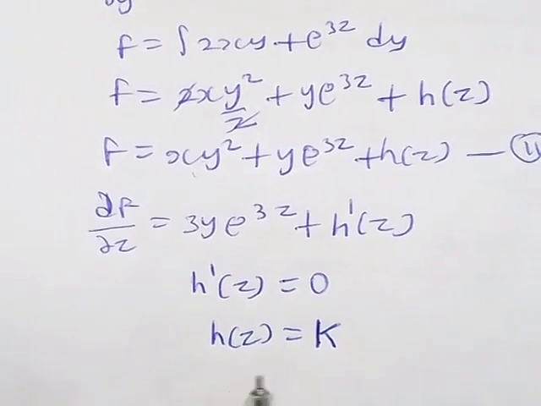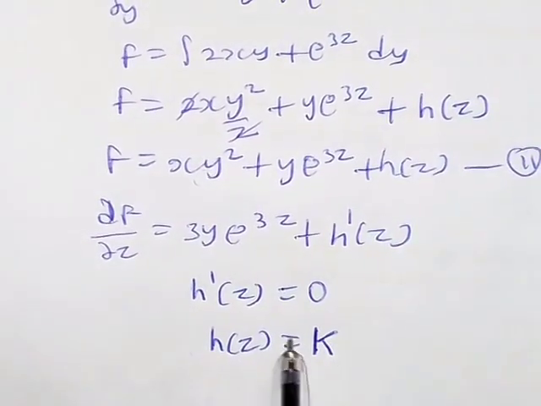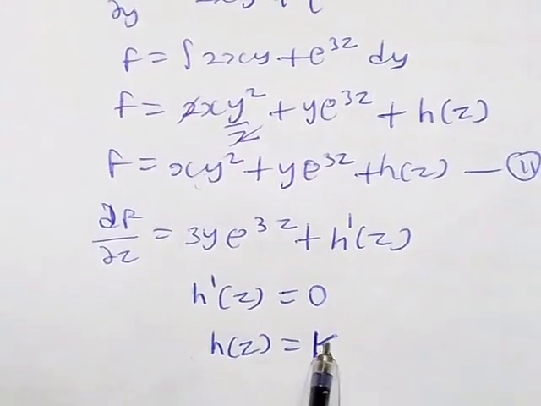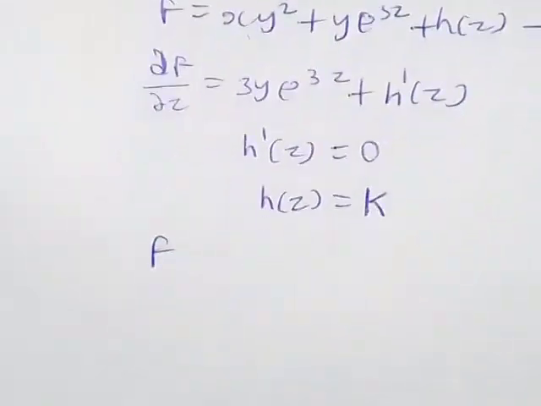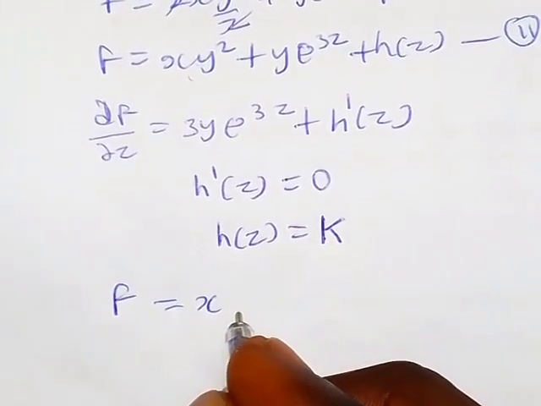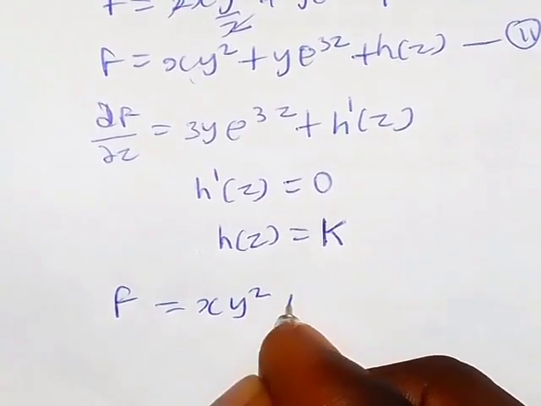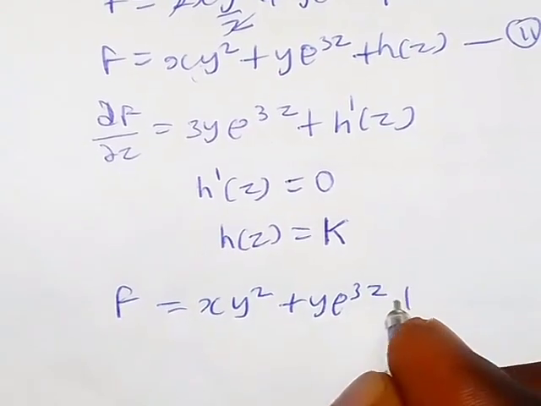Now there is h of z here, and there is h of z we obtained here. We can now plug in the value of h of z here. So we have f to be equal to xy squared plus y exponential 3z plus k.